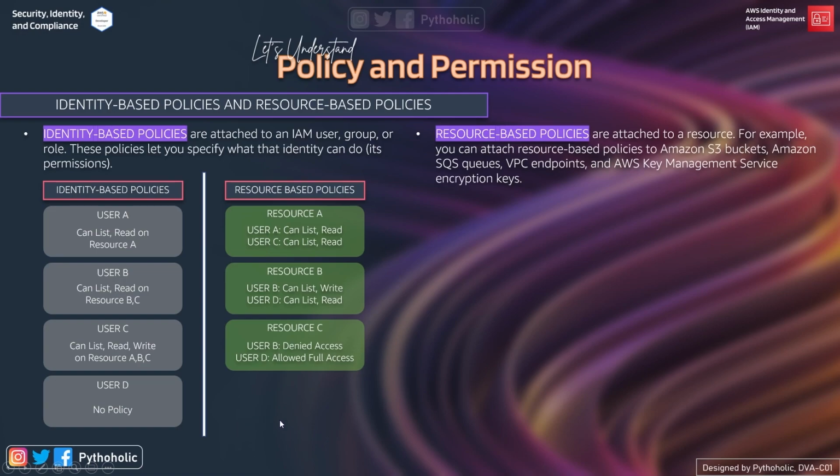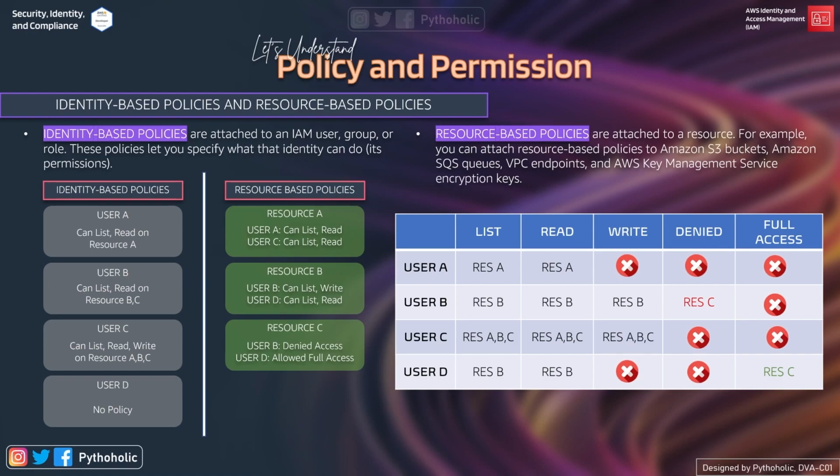And this is the total policy implementation of the AWS account. Now let's see how it actually affects access. If we see this chart here, we have four users, A, B, C, and D, and these are the list of operations: list, read, write, denied access, and full access.